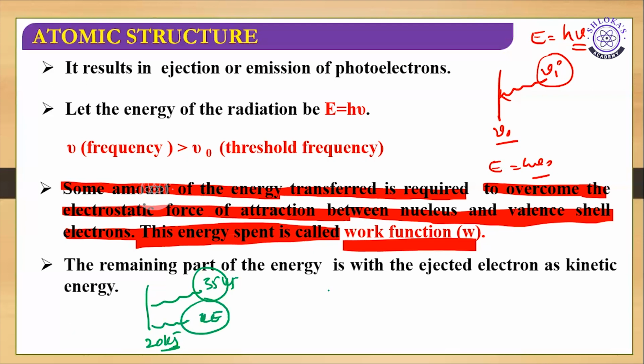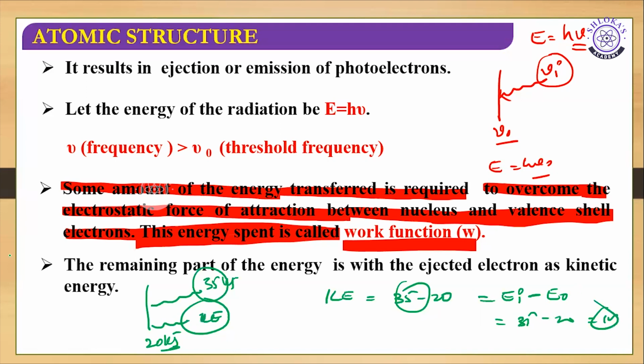So from this, if I want to calculate kinetic energy, that would be 35 minus 20, right? 35 is the energy associated with incident radiation, and 20 is the energy associated with the threshold frequency, E naught, the threshold work function. So that is 35 minus 20, which is equal to 15.